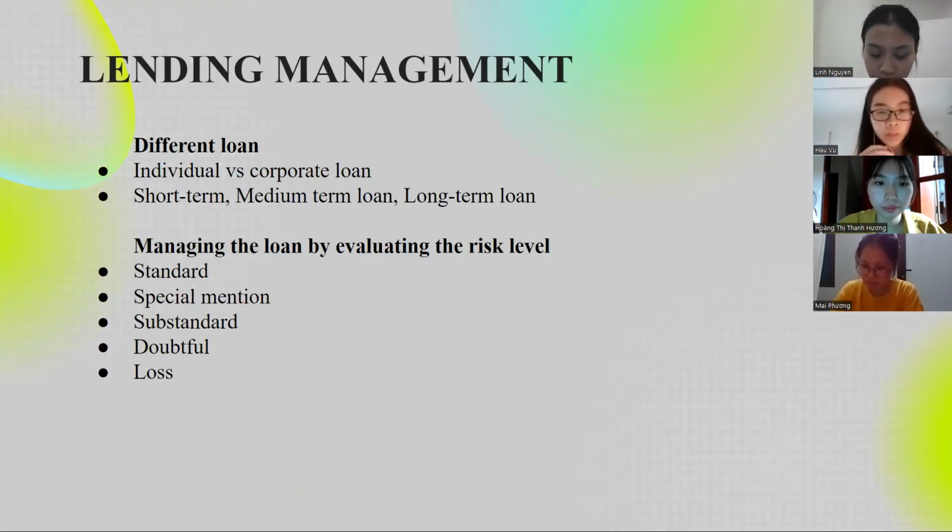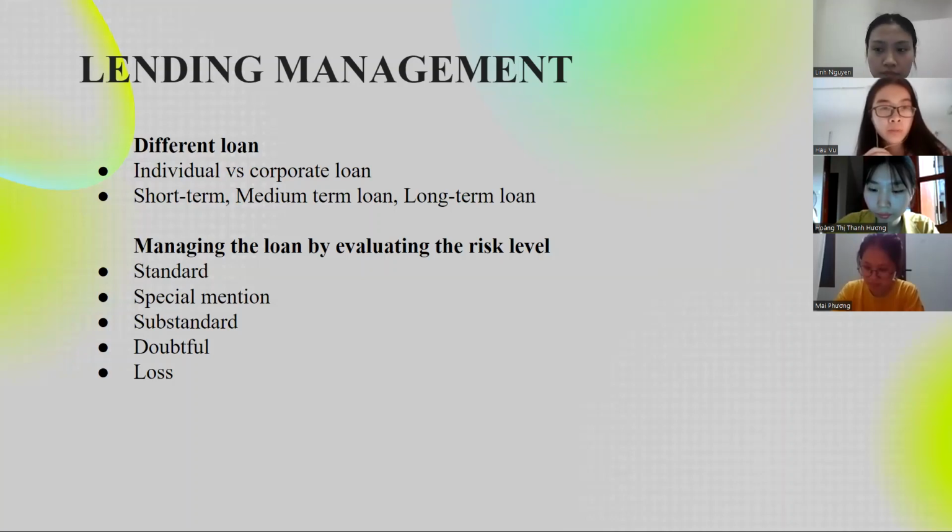Lending management is one of the ways to assess the bank's performance. A well-performing bank manages lending activity professionally and efficiently in order to generate potential profit and minimize credit risk. For BIDV, loans are divided into individual or corporate loans.